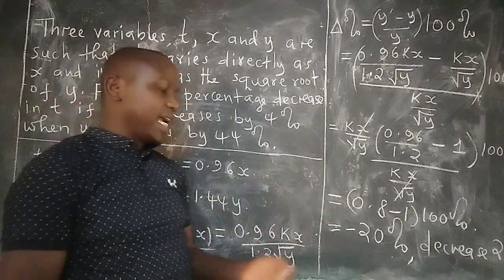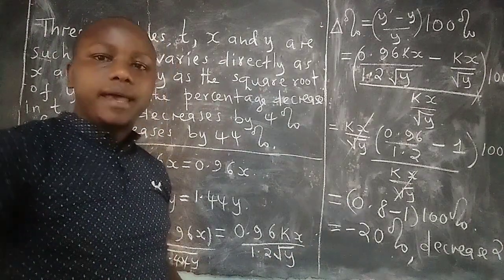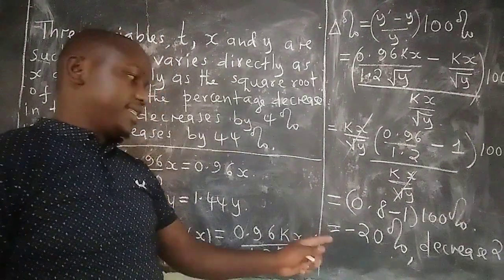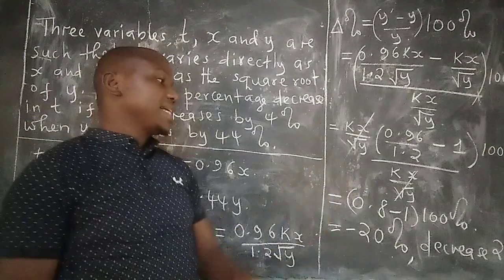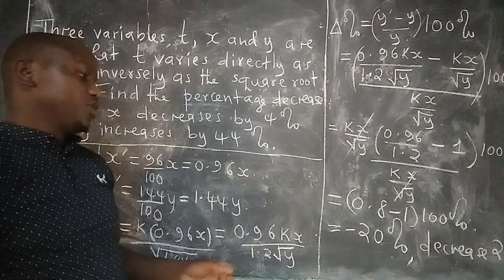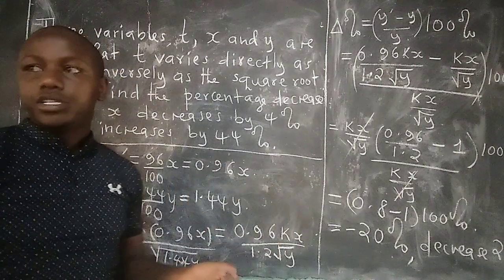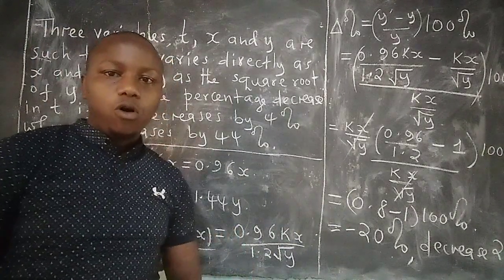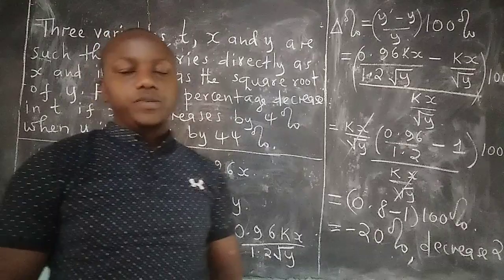Therefore, instead of writing negative 20%, it is decreased by 20%. So the decrease is 20%, to show us that it decreased. Therefore, that is how we go about such questions.